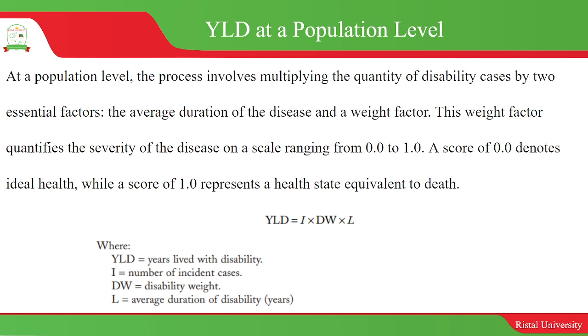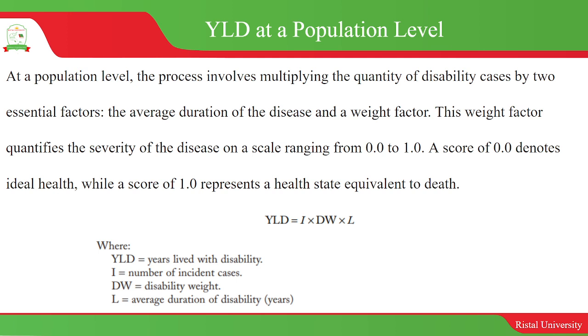The years lived with disability equals, at population level, the number of incident cases, and then the disability weight, which we have explained, and then the average duration of disability. So, for example, if you are looking at fractures that have happened because of road traffic accidents, we look at how many people are having these fractures.